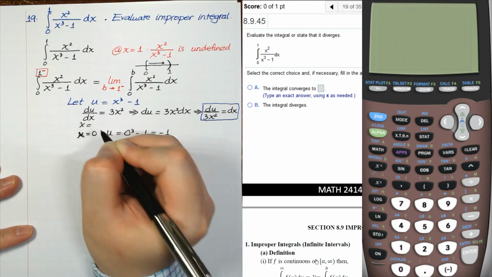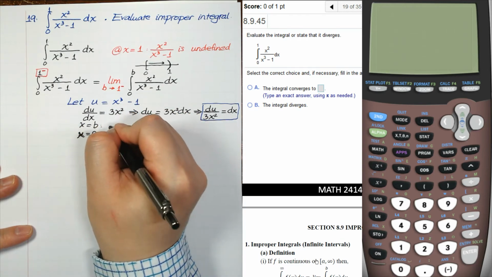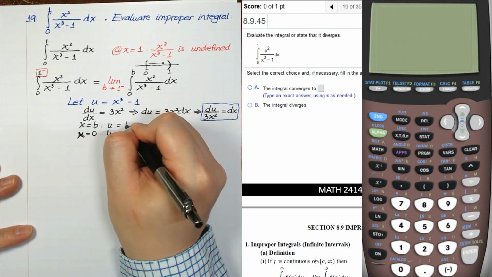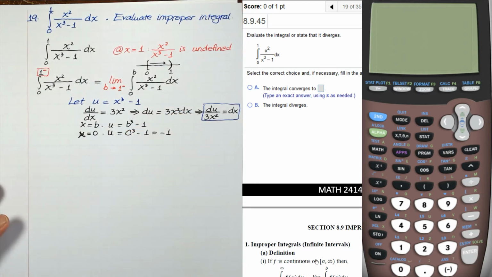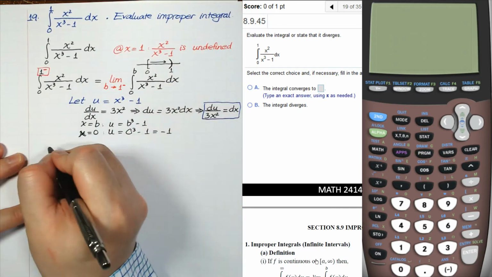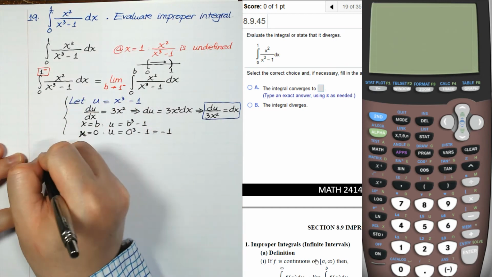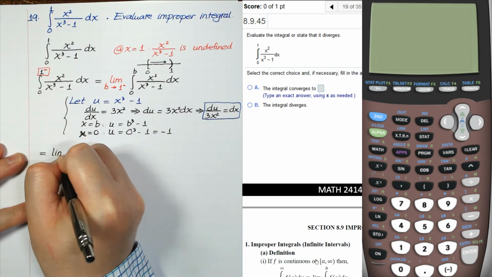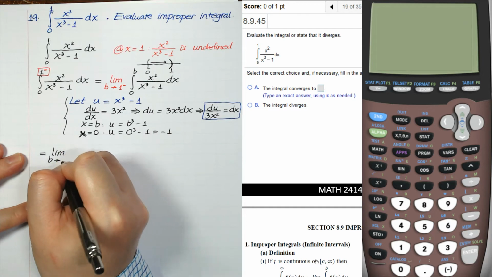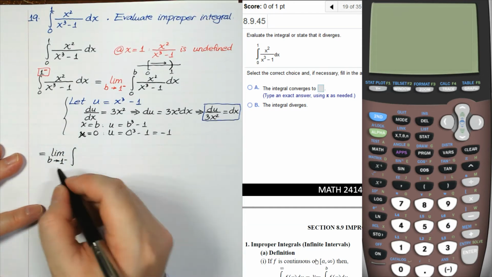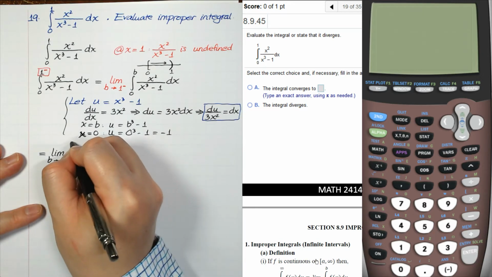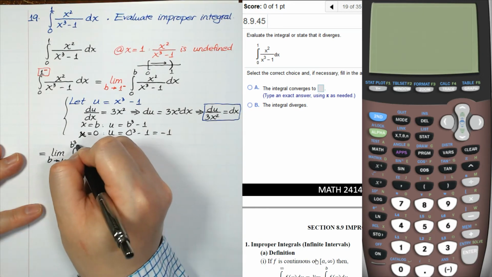When x equal to b, u equal to b cubed minus 1. Right, so we change the limits. And when we do all of this substitution, the limit will change to -1 and b cubed minus 1.